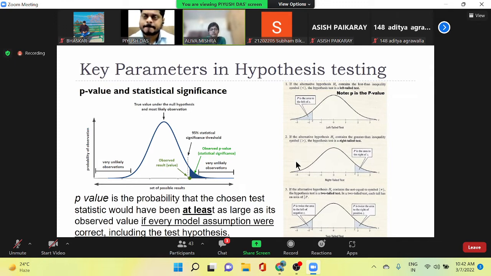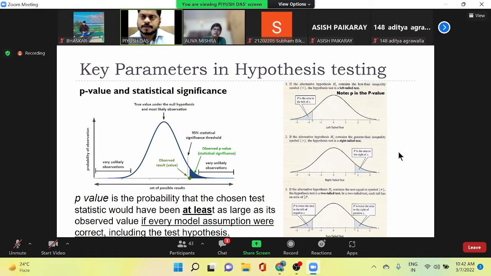But sir, if the probability is high, then shouldn't we say that the average height is greater than 6 feet 4 inch? Then why are we taking the null hypothesis as true? Because in the null hypothesis we are taking the average height as less than 5.8, right?